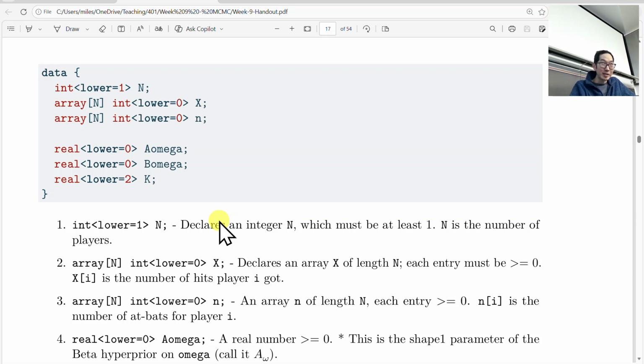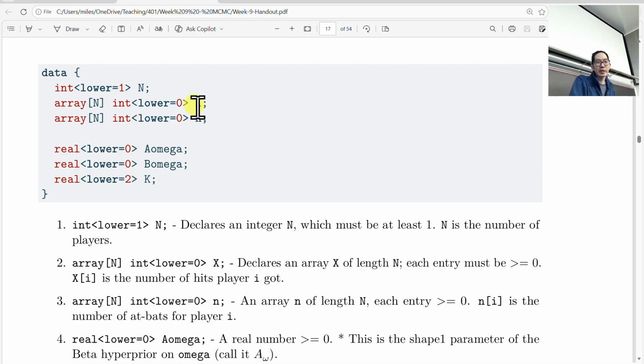I don't want to get caught up on all of the documentation stuff, but basically we're going to say these are all of the values coming in. So we have the value n. This is going to be 8, the number of players. We often specify lower and upper bounds, or at least lower bounds, for a lot of these things.